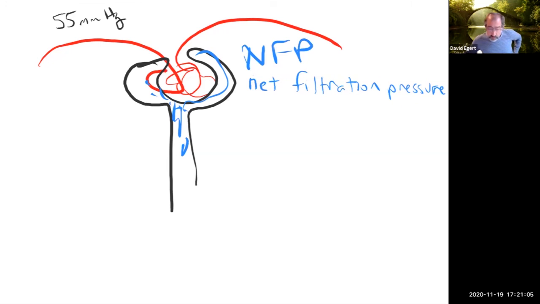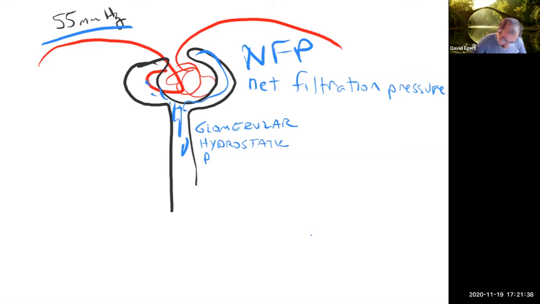So net filtration pressure, that is what's ultimately driving the filtration. And the main driver, like I said, is this glomerular hydrostatic pressure, which I said is usually about 55 millimeters of mercury.